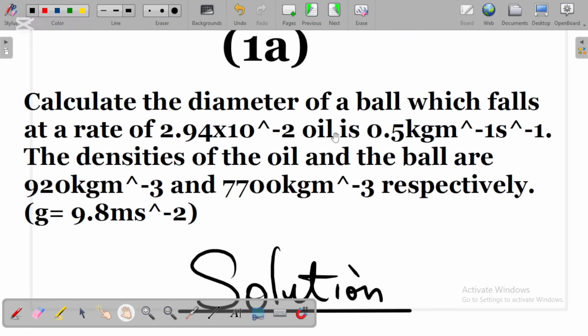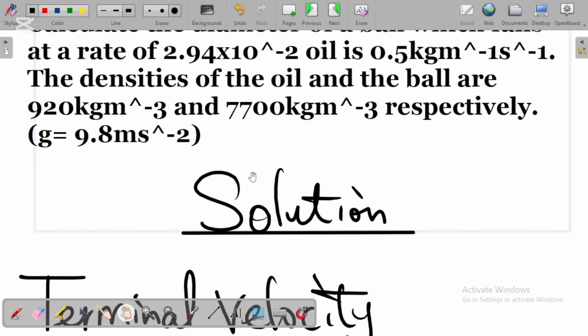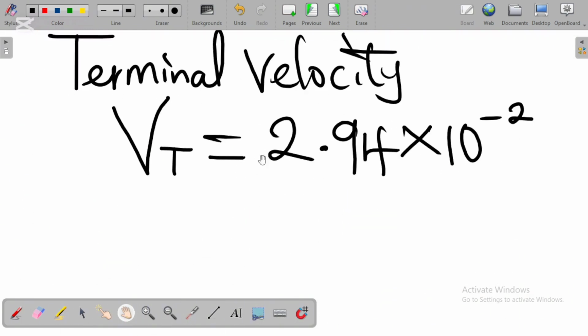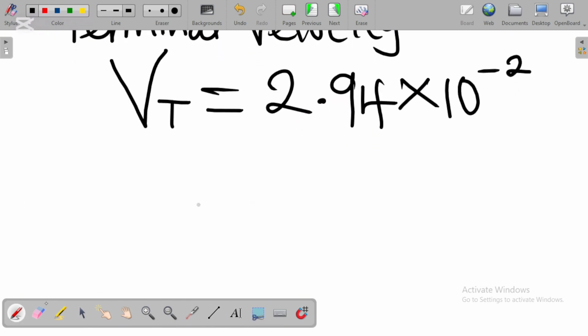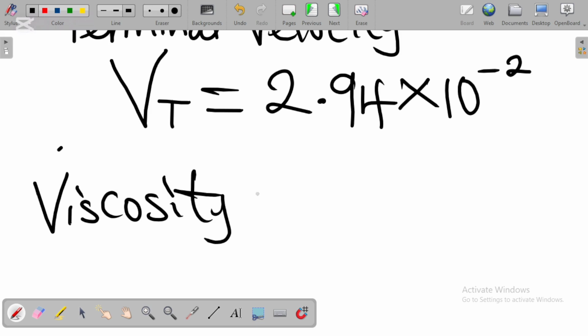And then it says oil is 0.5 kilogram per meter per seconds. Alright, so we have here viscosity.